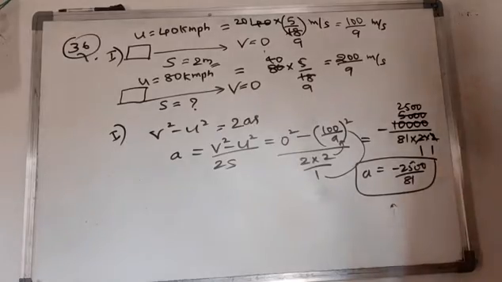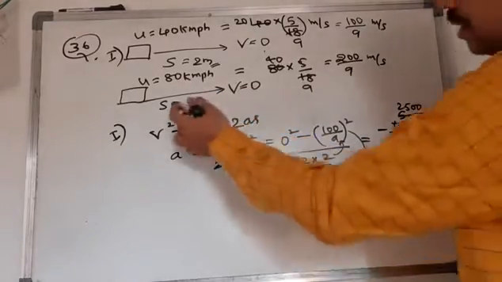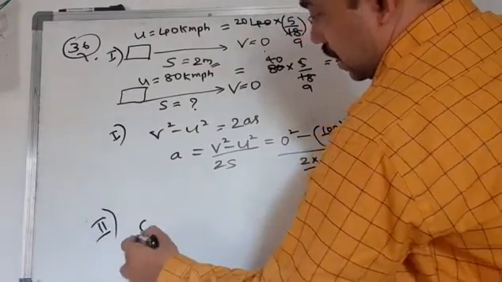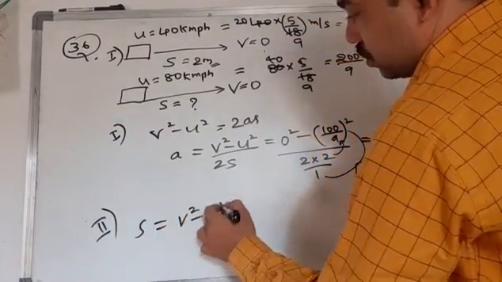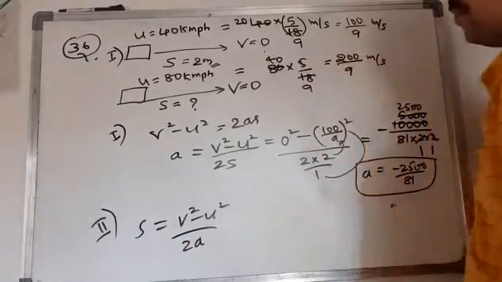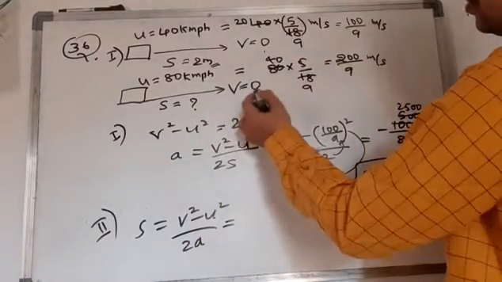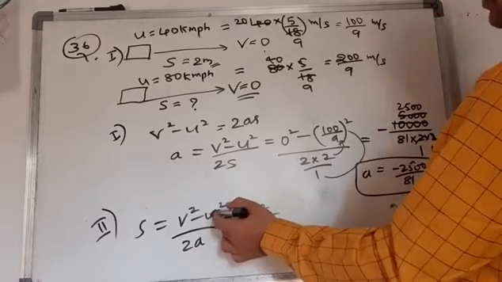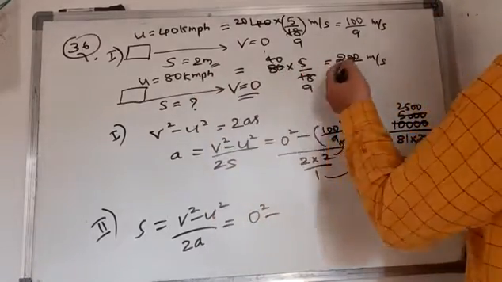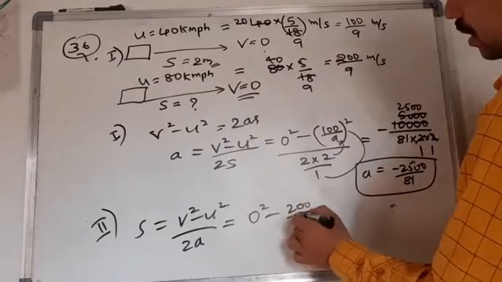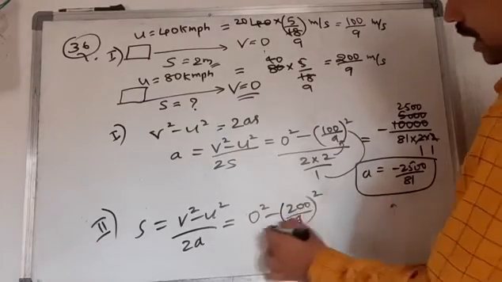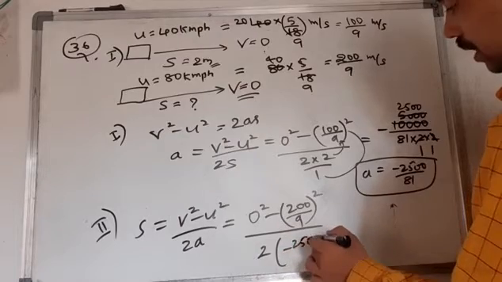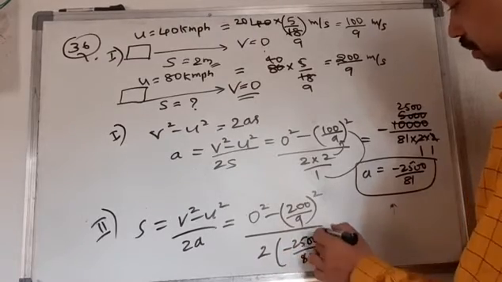Now what S value we have to find. So in the second case, S is equal to v square minus u square by 2a. v is as usual 0 in the second case also, minus u square, which is 200 by 9 square, divided by 2 into minus 2500 by 81.